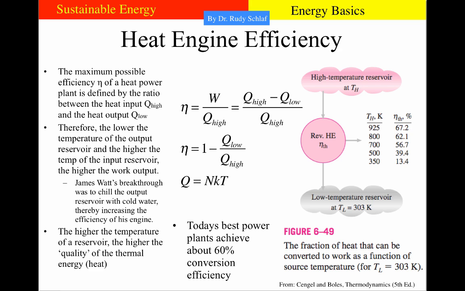The dependency of efficiency on the temperature differential also immediately points to a fundamental weakness of geothermal and solar thermal energy conversion schemes. In the geothermal case, for example, since temperatures are rarely higher than 300 centigrade, the efficiencies are usually below 10%.